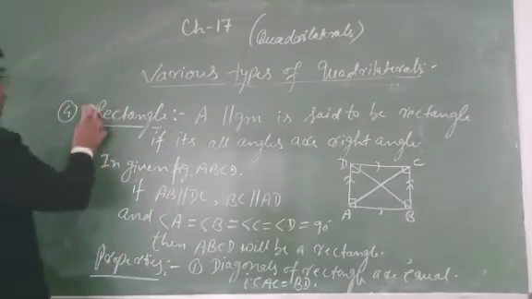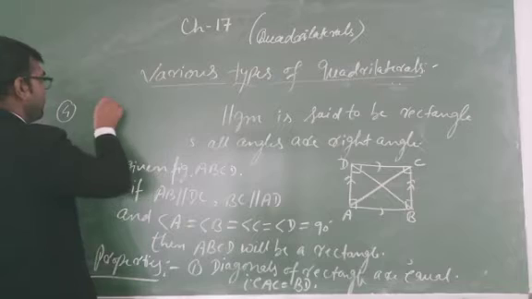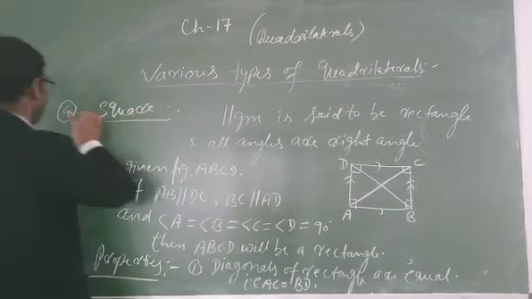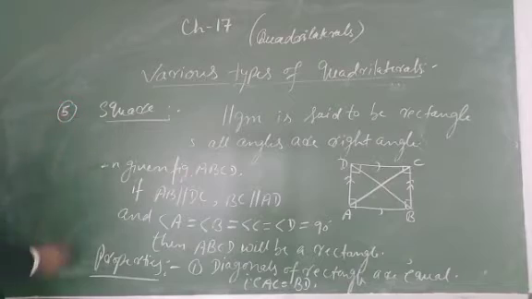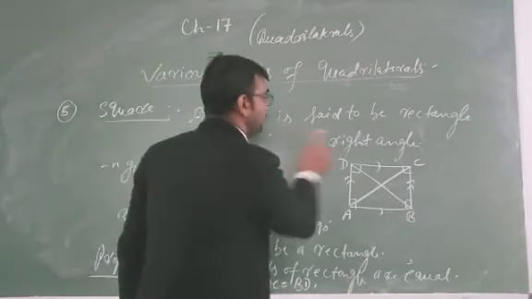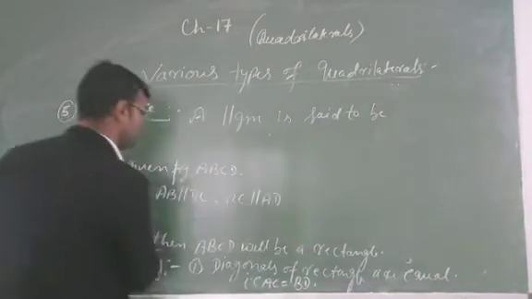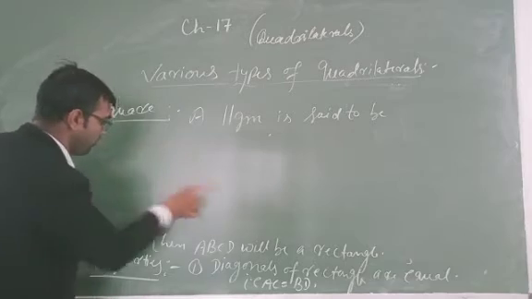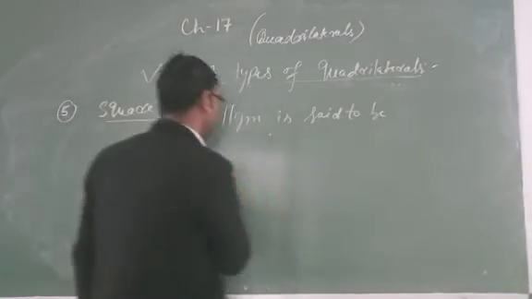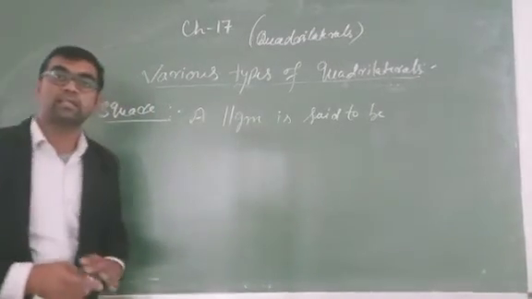Now come to the next, which is the square. The fifth one is the square. A parallelogram is said to be a square if all of its angles are right angles and all sides are equal.